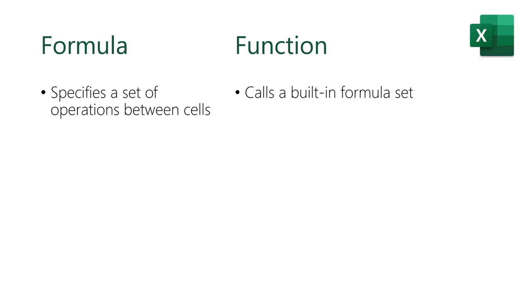B1 and B2 are two cells, and the mathematical operator I'm specifying between them is the plus or addition operator. Instead, I could achieve the same thing differently. How? I could do equal to SUM, open the brackets, B1 comma B2, or B1 colon B2. I'm going to get the same answer.